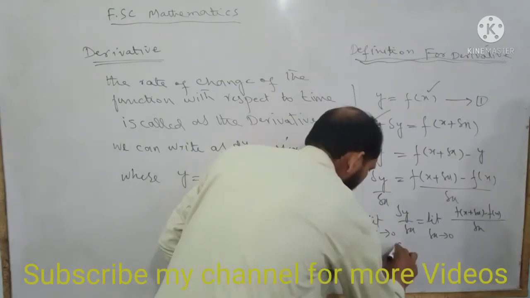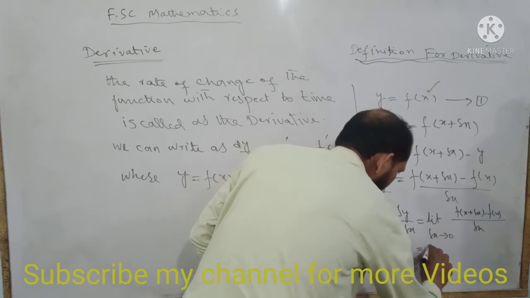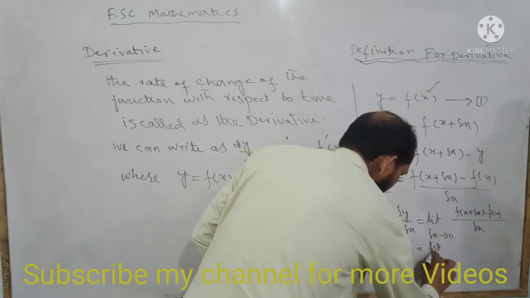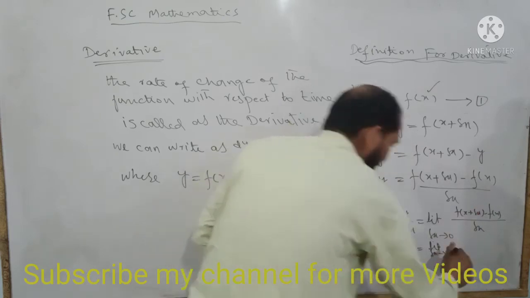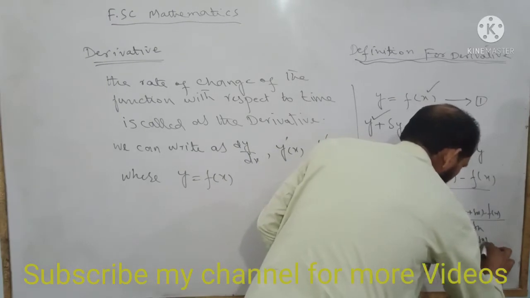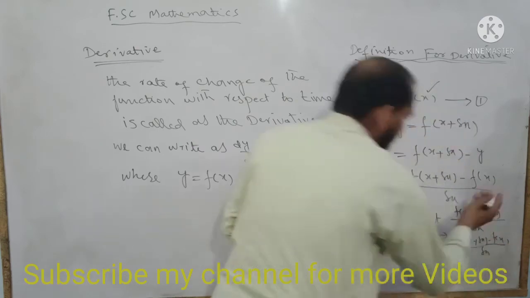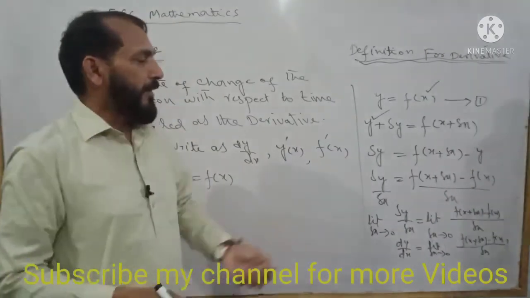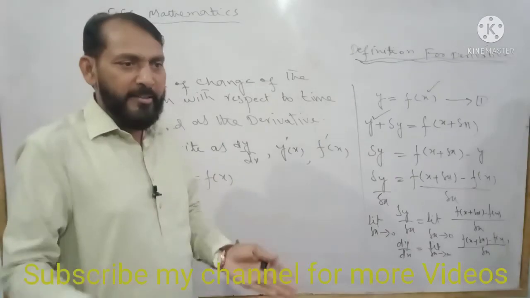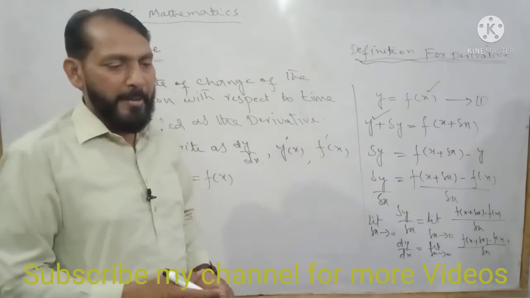So we can write it as dy over dx. This is the definition of the derivative, or we can say the second definition of the derivative, by using the definition of the derivative.